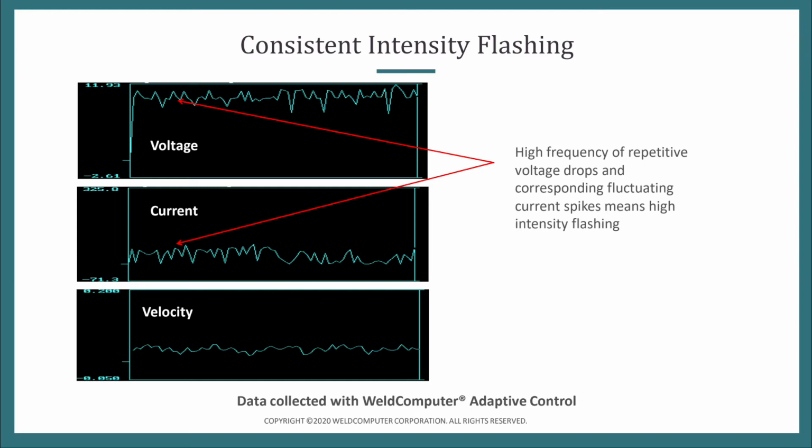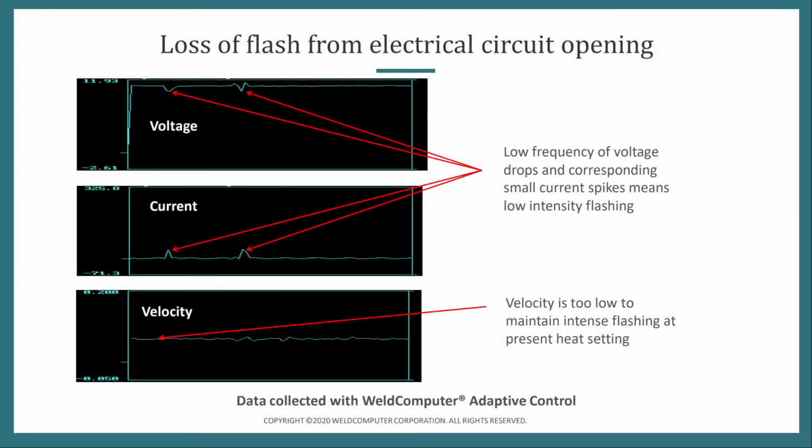Consistent high-intensity flashing will have rapid flickering up and down voltages, and you'll see corresponding rapid flickering down and up currents. The current rises are coincident with the voltage drops, because the voltage is what's creating your potential, and if the current is drawing and going high, it's dragging down the voltage, and that's flickering up and down.